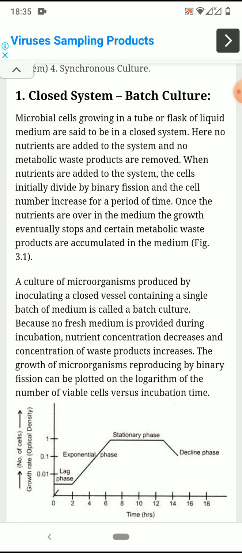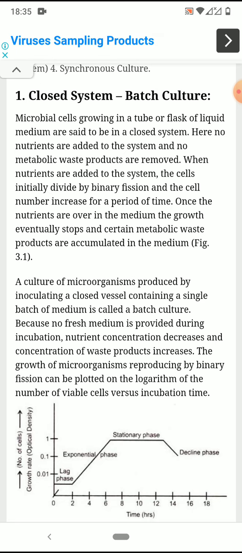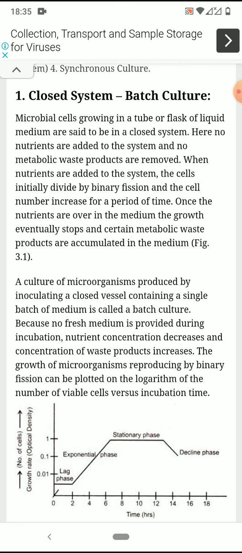How do we grow the bacteria in a batch culture? Normally, how do you grow bacteria? You collect the sample from the soil or from the air or from any other source, from a swab collection or from your throat, nasal cavity or oral cavity. From anywhere you can take the sample and inoculate.